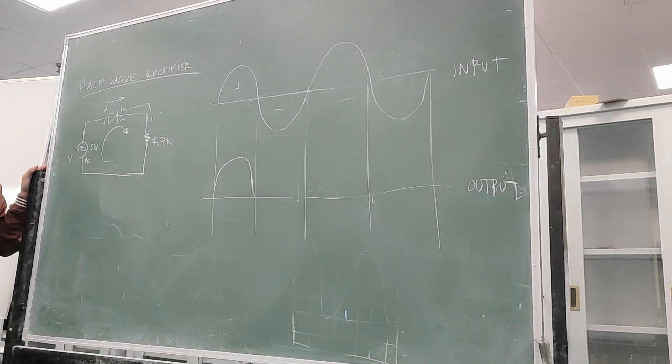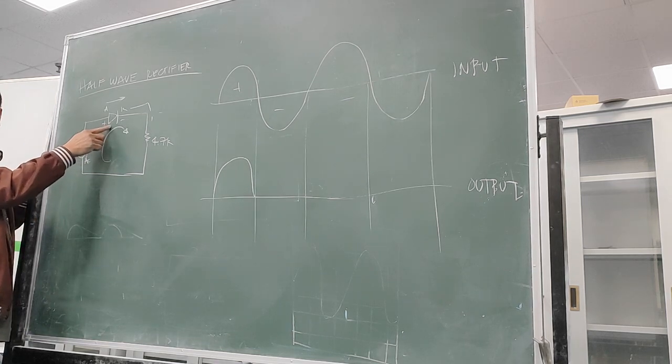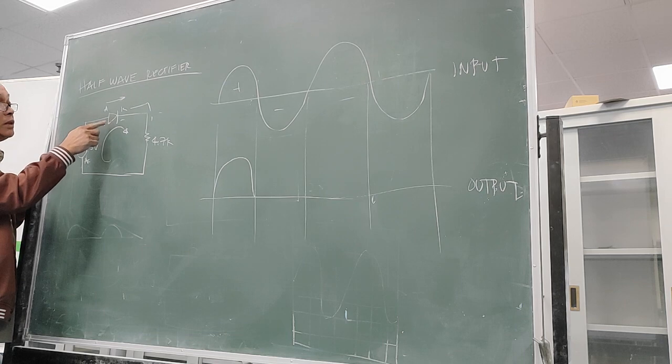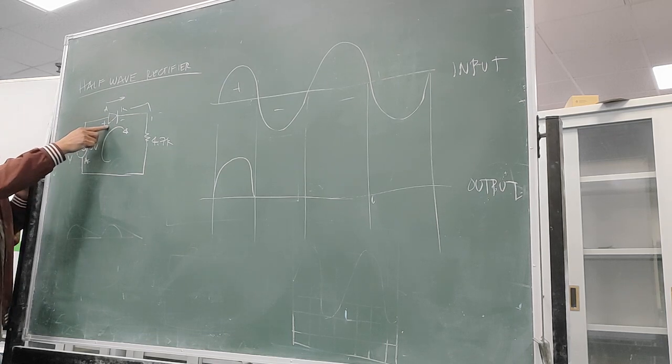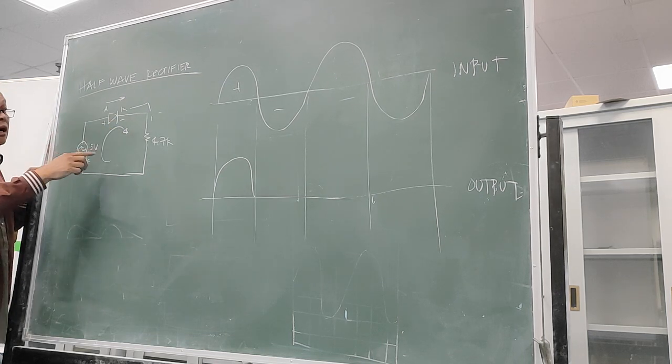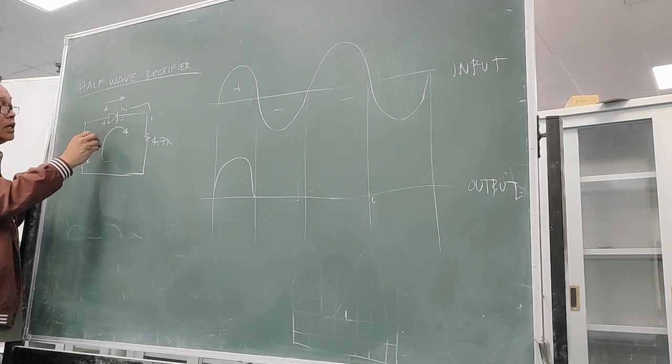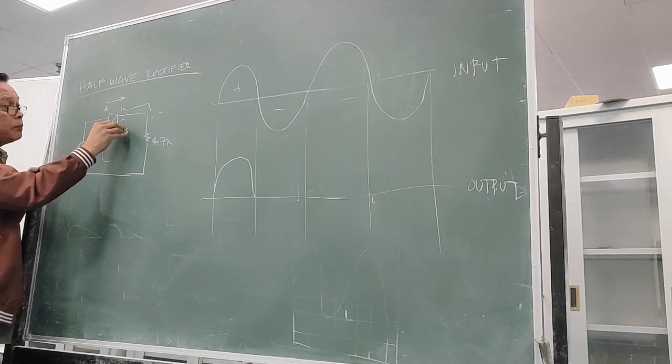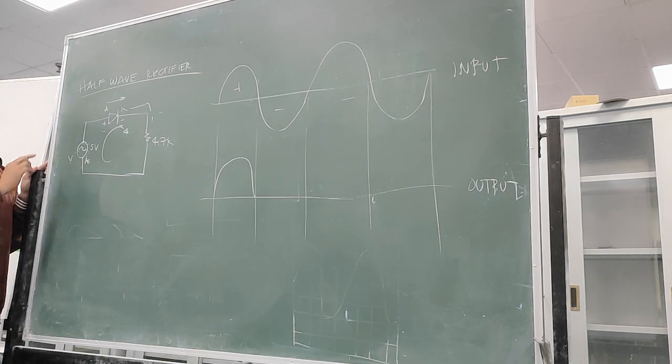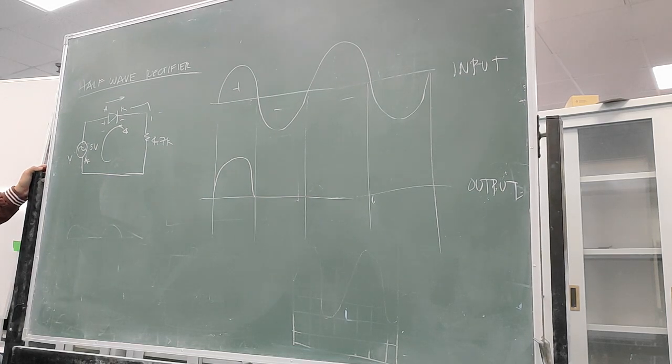But during the next cycle, the negative cycle, what will happen? During the positive cycle it turns on like a switch and allows. But during the negative cycle, since this will be negative and this will be positive, the diode will turn off.